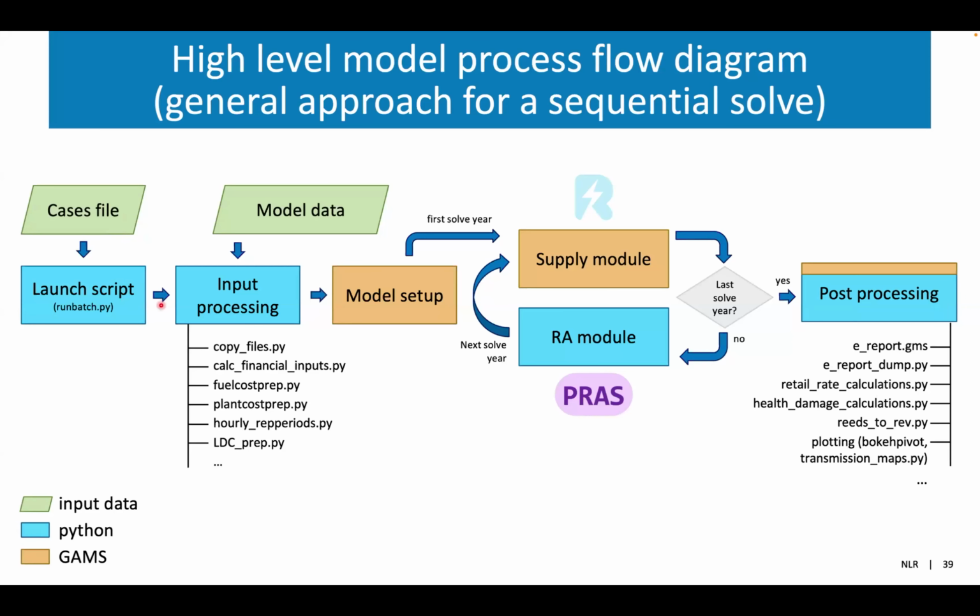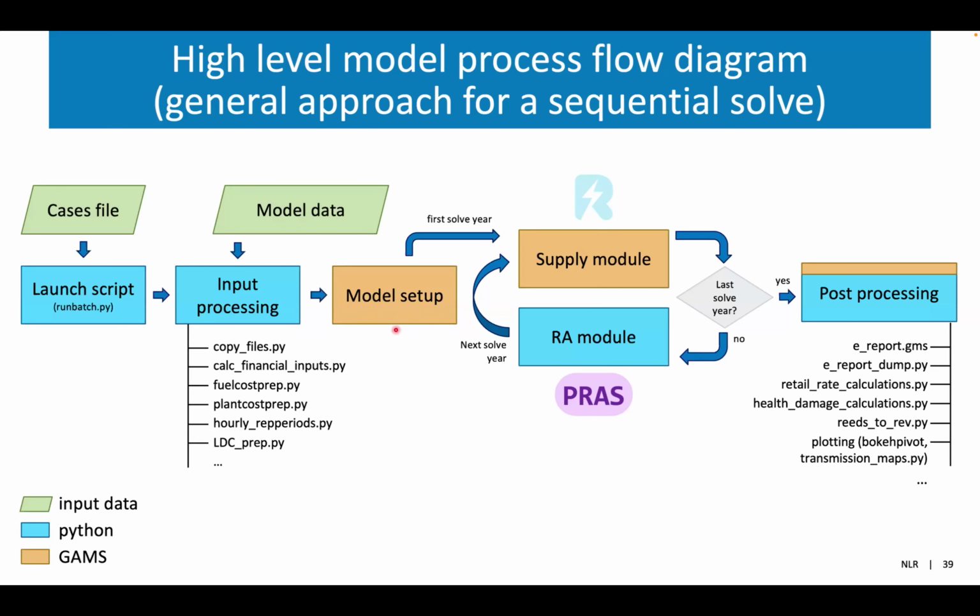So once the ReEDS run is kicked off, a set of input processing scripts will read in the case file, and then it'll pull the correct model data from the ReEDS repository, manipulate it, and then reformat that data to a format suitable for the GAMS-written portion of the model, which is the orange sections. The input files then move to the model setup portion of ReEDS, where the data is declared into GAMS data structures.